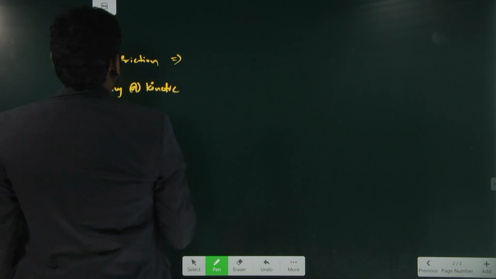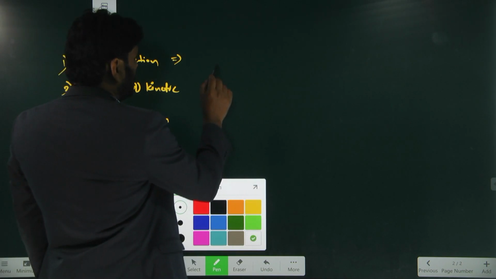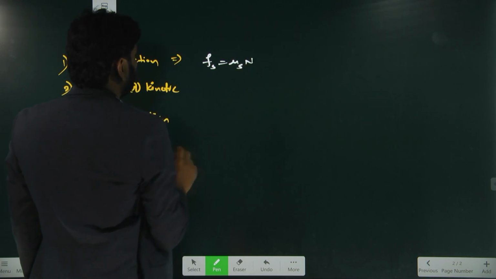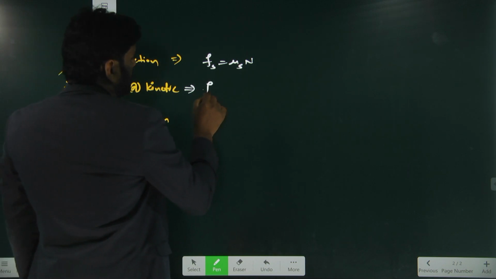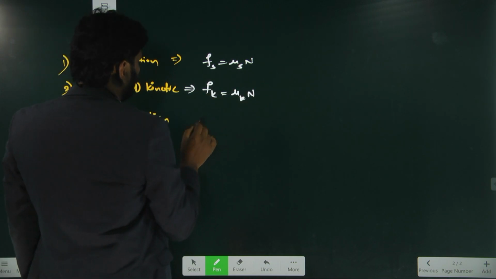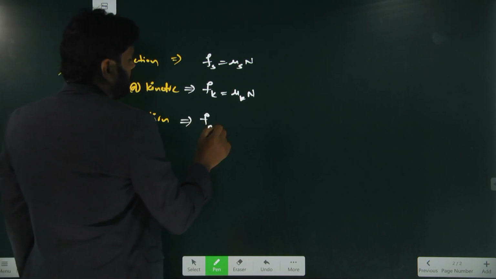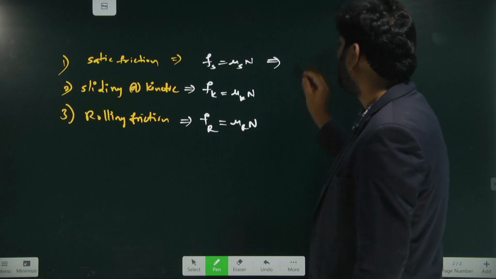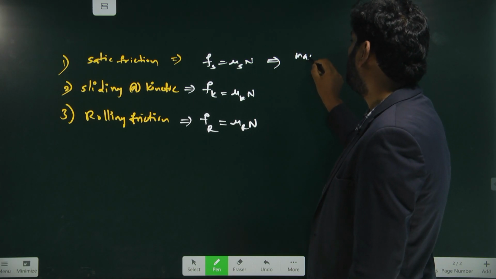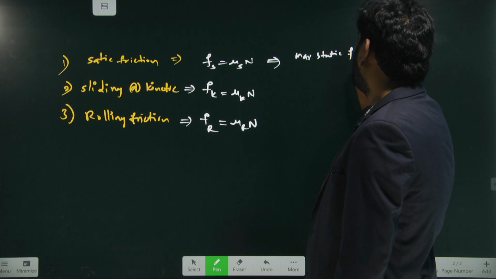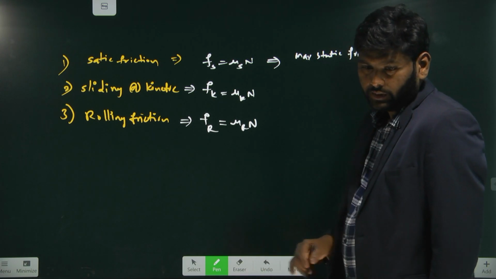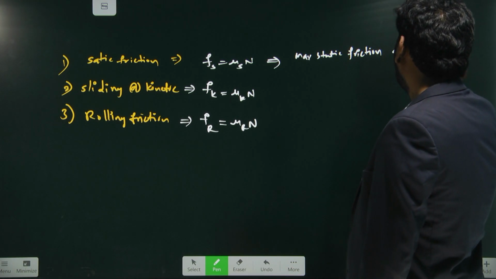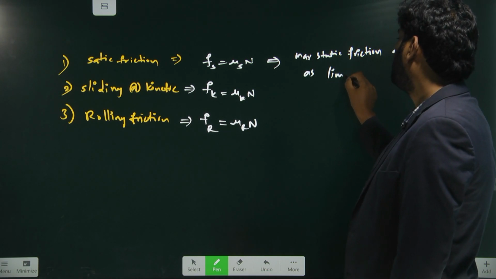The formula for static friction is Fs is equal to mu s into N. In the same way, the formula for sliding friction is Fk is equal to mu k into N. And the formula for rolling friction is Fr is equal to mu r into N. One more thing we have is the maximum static friction, also known as limiting friction.